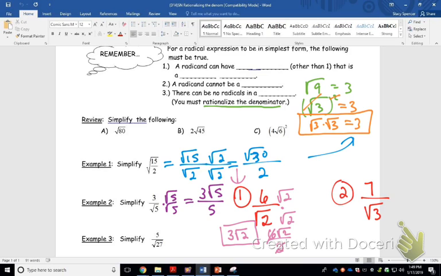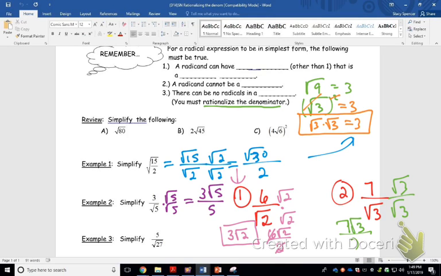All right, let's look at our second one. We cannot leave the square root of 3, so what did you multiply with here? And what did you get in the numerator?